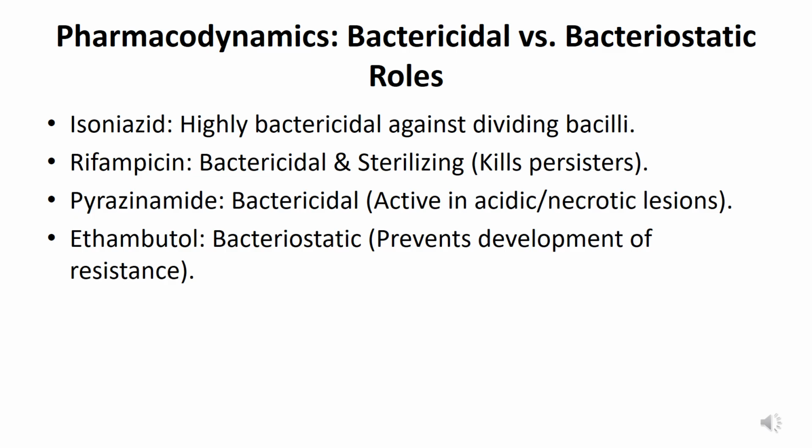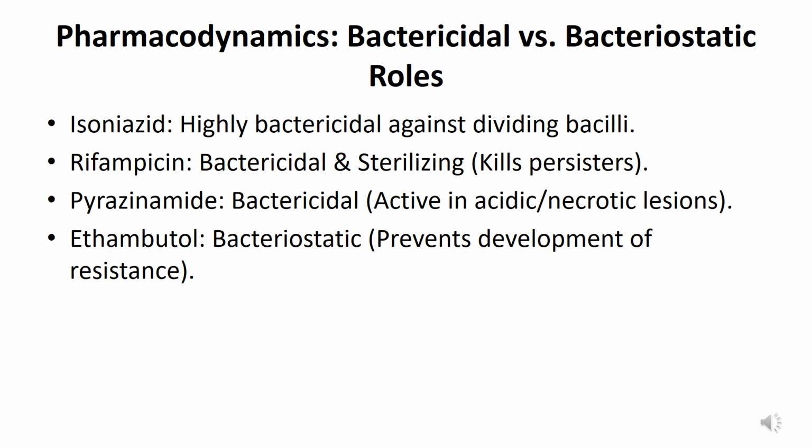These differences are described using the terms bactericidal and bacteriostatic. A bactericidal drug directly kills bacterial cells. A bacteriostatic drug slows or stops bacterial growth, allowing the immune system and companion medications to eliminate the infection. Both strategies are important in successful tuberculosis treatment.